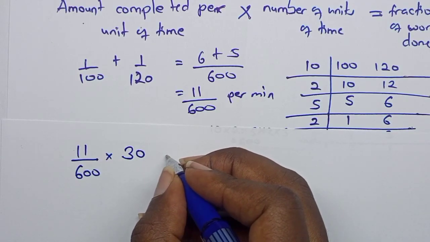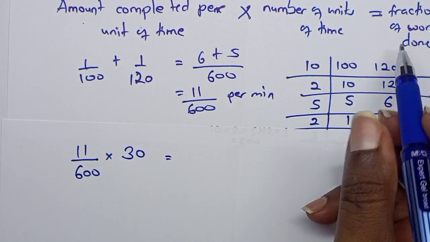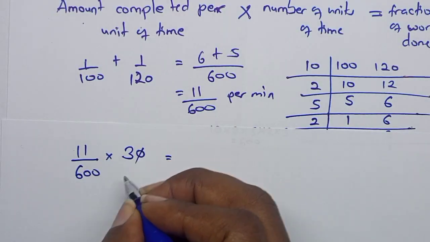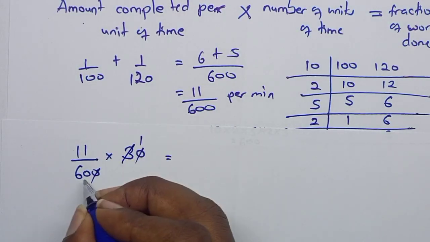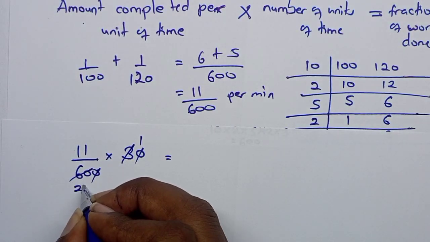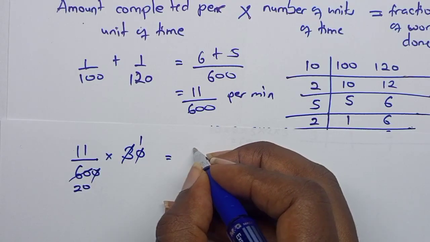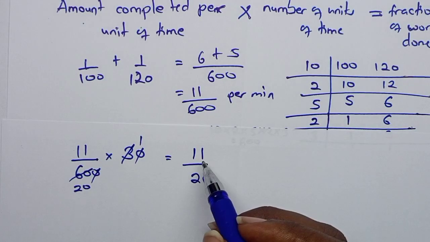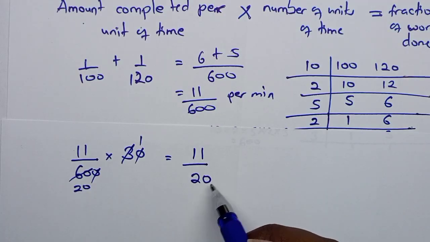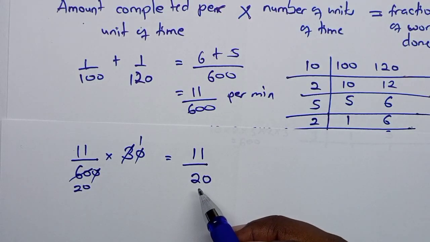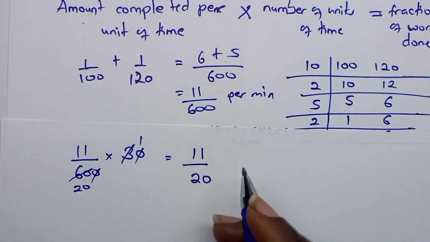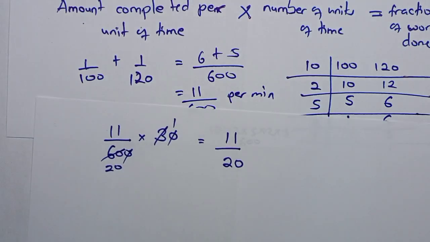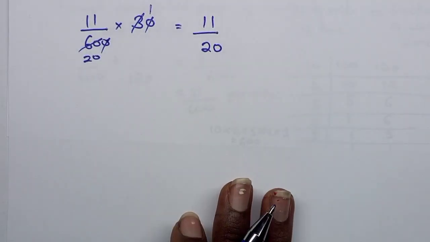This gives us the total fraction of work done. 3 goes into 6 2 times, so this is equal to 11 over 20. So they completed 11 over 20 of the job in 30 minutes before Ben joined them. So if the whole job is represented by 1.